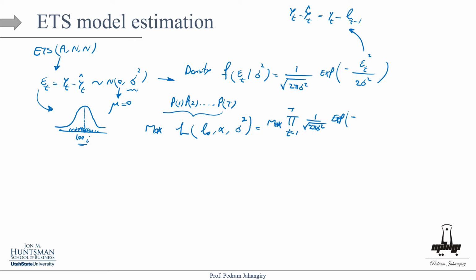So this is basically your y t minus l t minus 1 to the power of 2, over 2 sigma squared. All right, so this is it. We want to maximize this likelihood function given these parameters. And remember, these are the parameters of interest. But just a reminder, L0 and alpha are the same parameters as in the SES model. Now we're adding the sigma squared. The beauty of this whole MLE is that now we can estimate the sigma squared, and then we can come up with prediction intervals based on that.